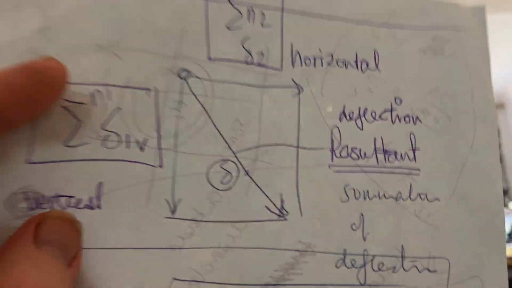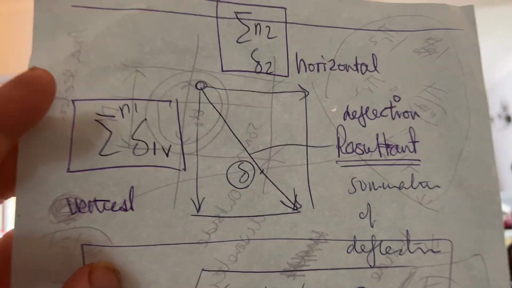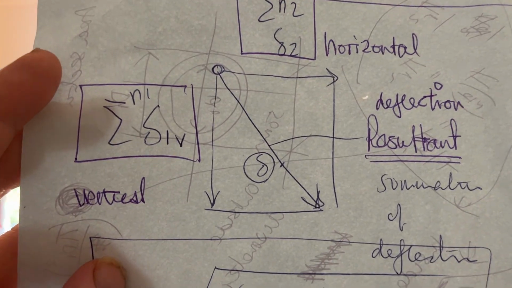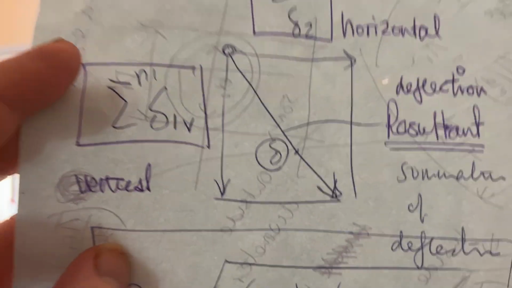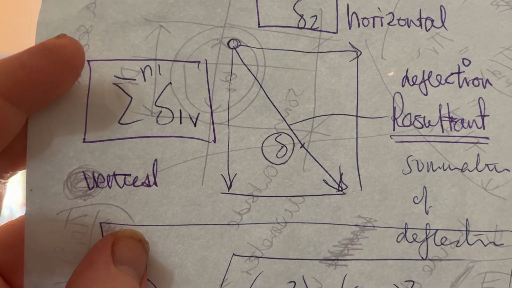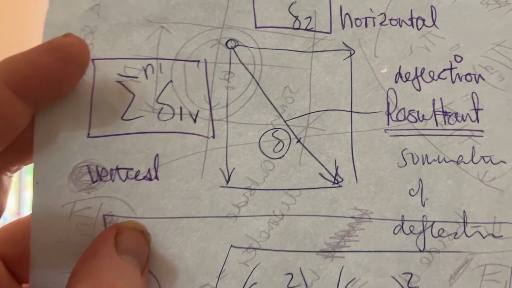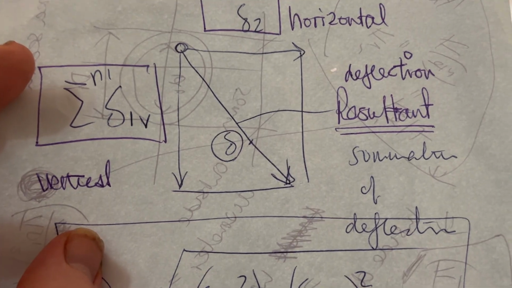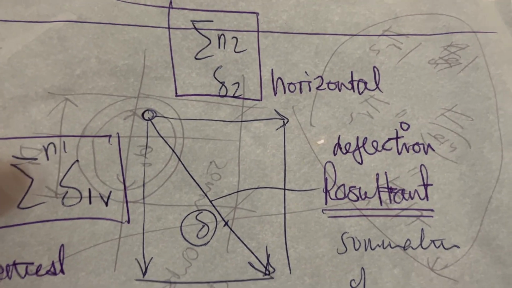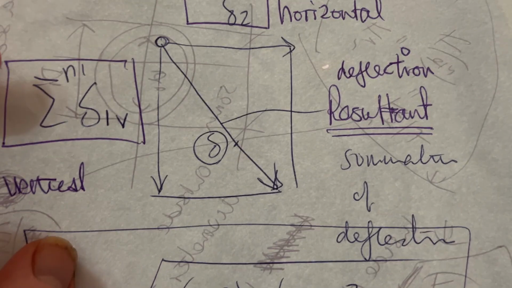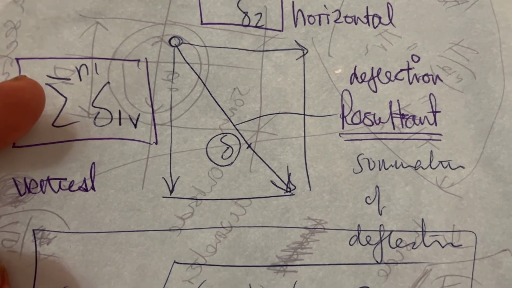Right. And then just a quick check of how he got the resultant. N1 in the example gave the vertical deflection, delta 1V, and N2 gives you the horizontal delta 2H, and the resultant deflection is just like the triangle.